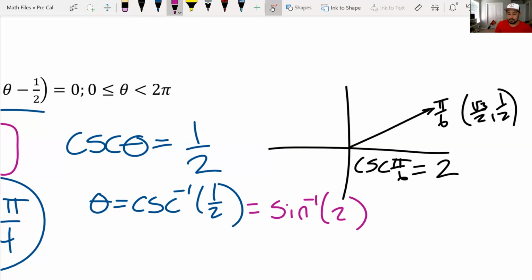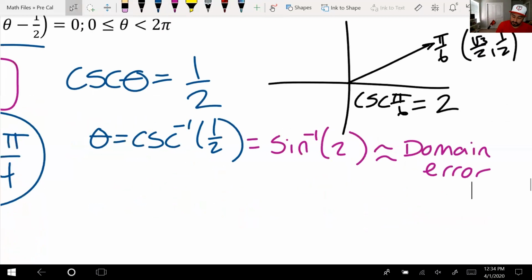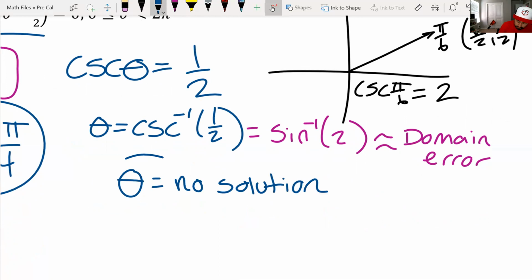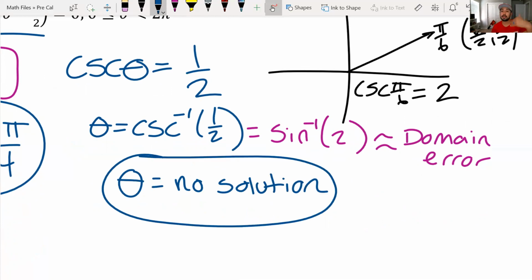If you type this in your calculator, guess what you're going to get? Domain error. So for this cosecant function, there is no solution for theta. Proven by the unit circle and proven by the inverse formulas we made in 8.2. Okay, perfect.